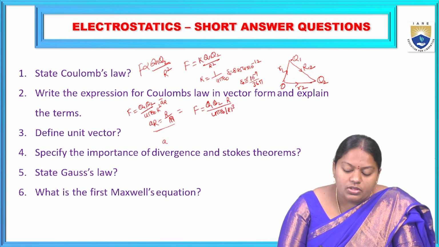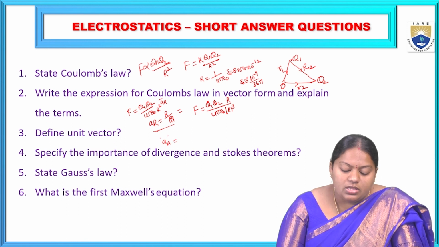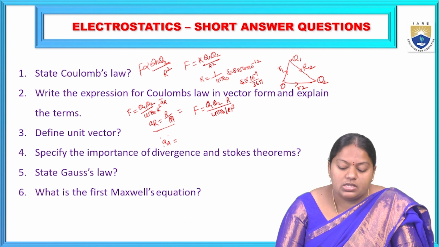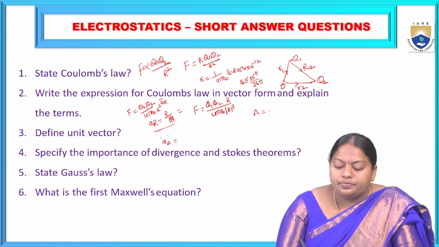We represent a unit vector with a suffix a, where small a is the notation for the unit vector and capital A is the vector notation. Suppose we have a vector A equal to AX plus AY plus AZ.